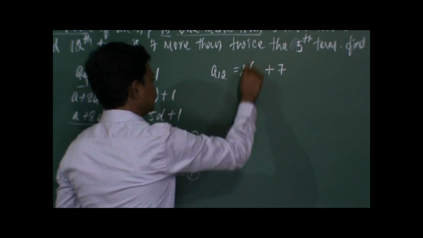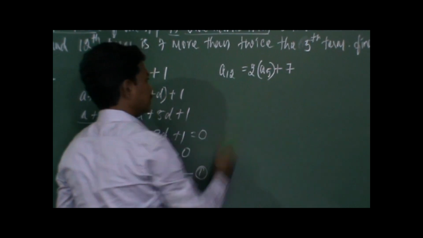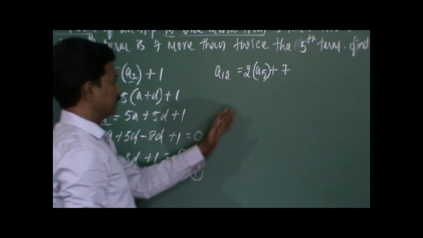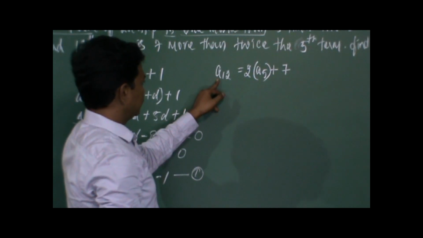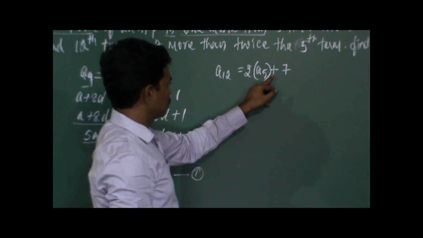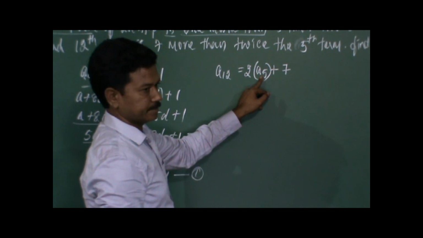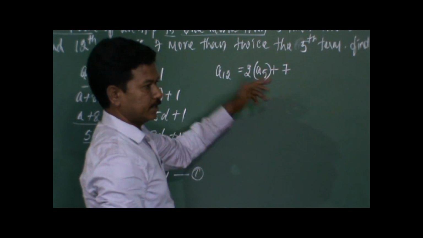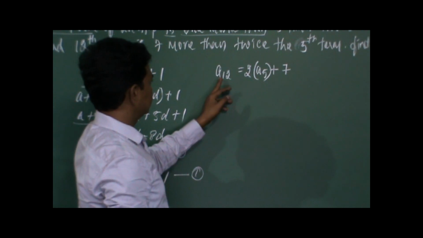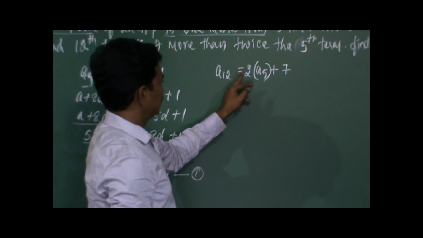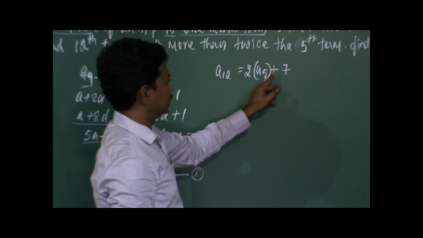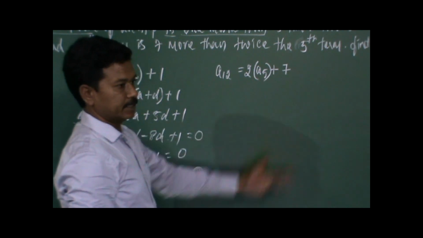So it is twice the 5th term. This is the condition. I will read this: 12th term of an AP is 7 more than twice the 5th term. This can also be read as: 12th term is twice the 5th term which exceeds by 7. That can also be read in that manner.